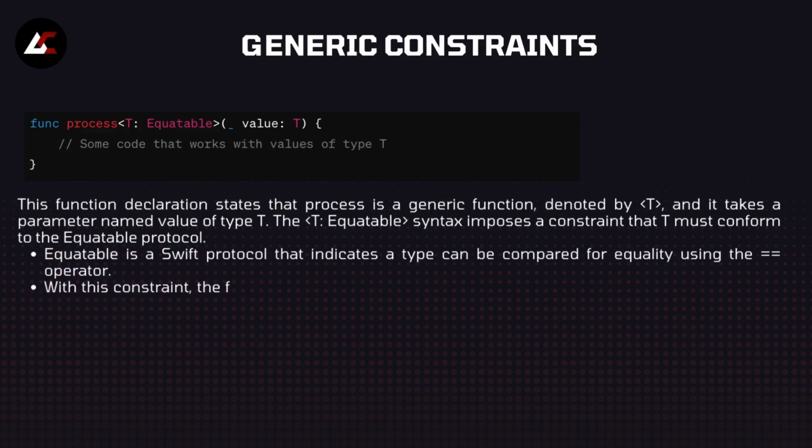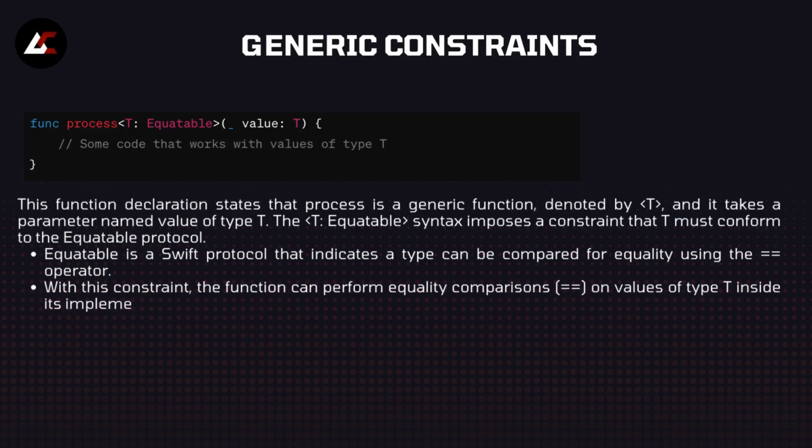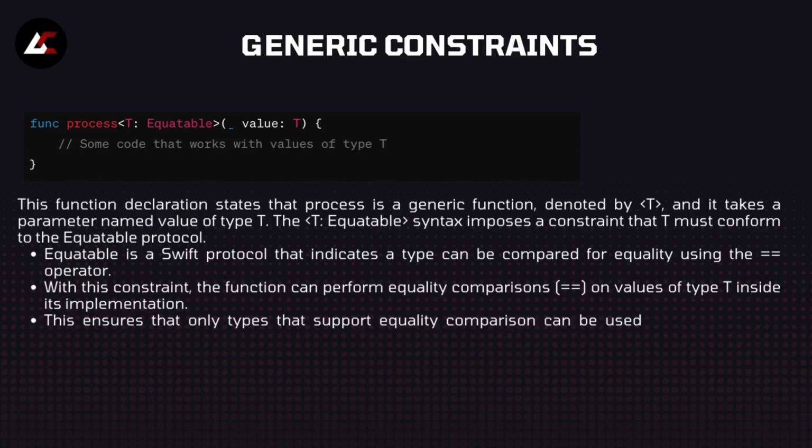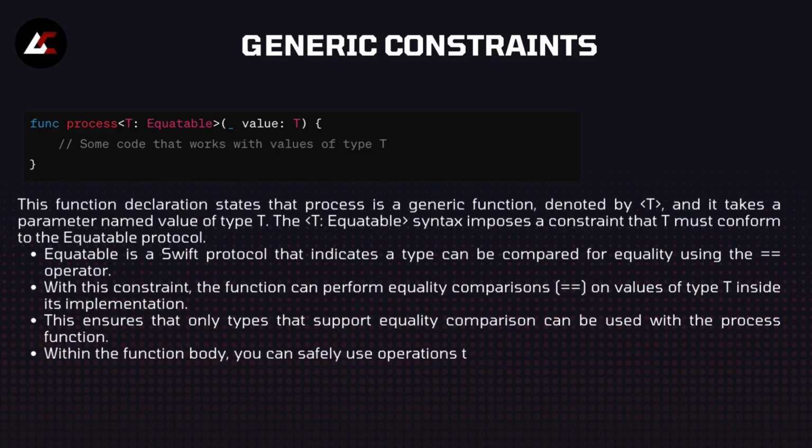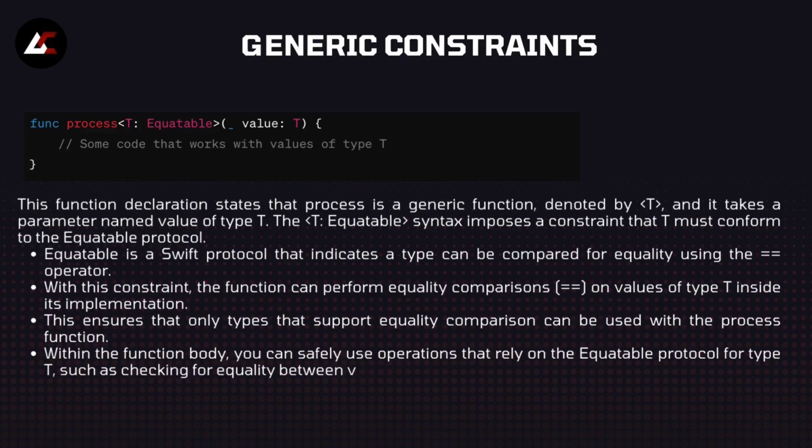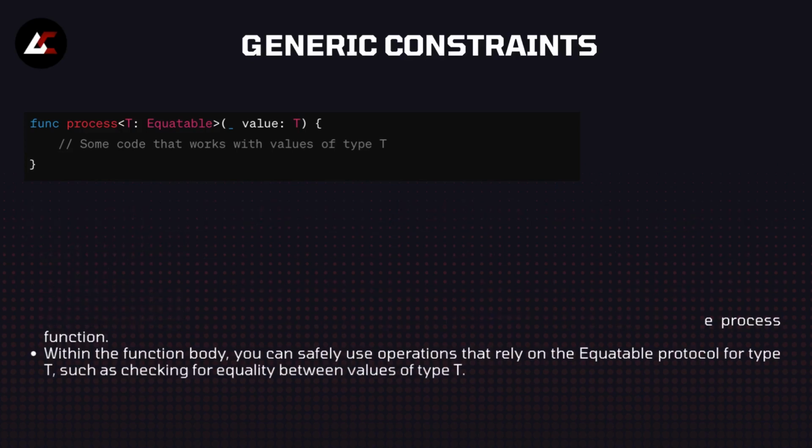With this constraint, the function can perform equality comparisons of values of type T inside its implementation. This ensures that only types that support equality comparisons can be used with the process function. Within the function body, you can safely use operations that rely on the Equatable protocol for type T, such as checking for equality between values of type T.